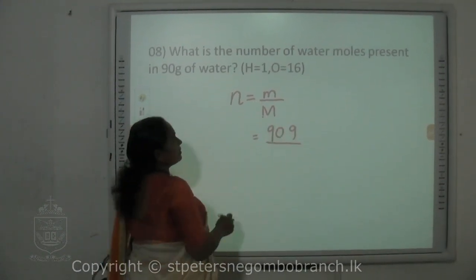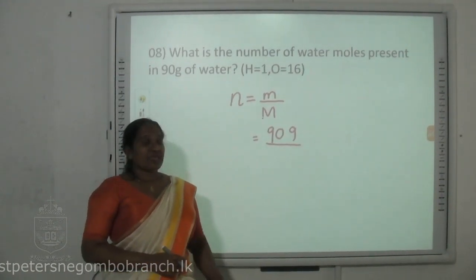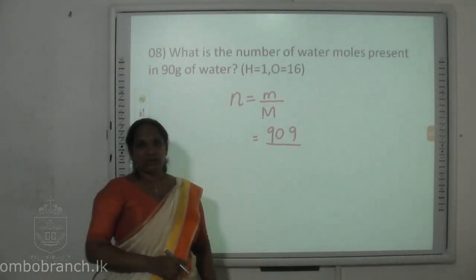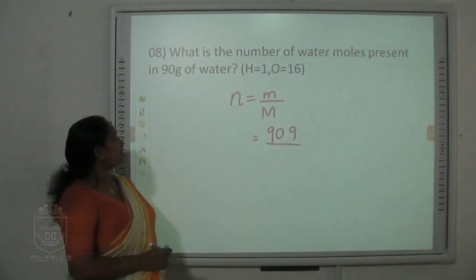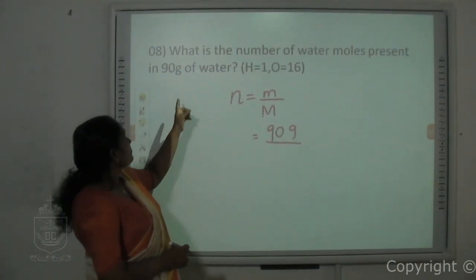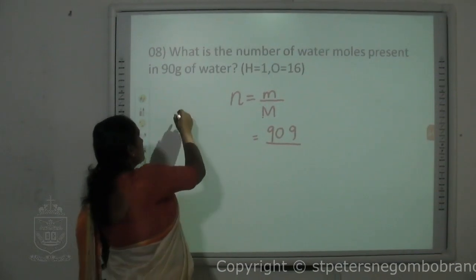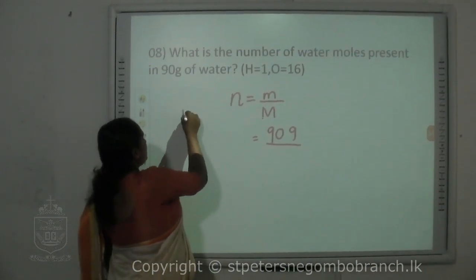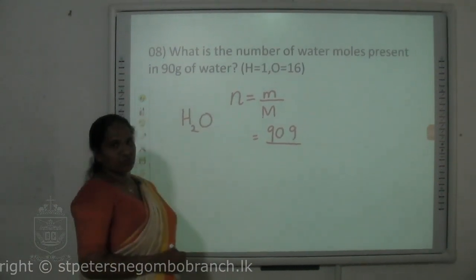But we don't know the molecular mass. In this question, as in the previous question, the molecular mass is not mentioned, so we have to find it. Only the word water is given here, so we should know the chemical formula of water, H2O.